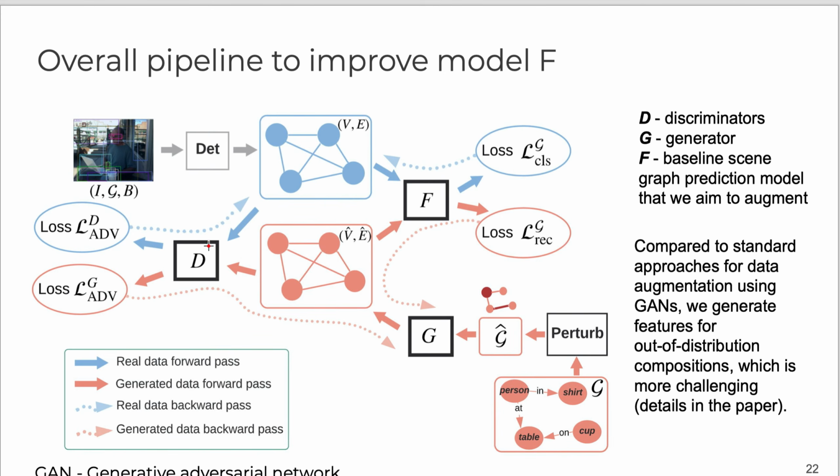So we use a discriminator to train this generator, and then those augmented visual features coming from the generator are passed to the model that predicts nodes and edges. So this is basically a data augmentation approach using generative models, and this showed some improvement in all metrics. Okay, that's it. Thank you.